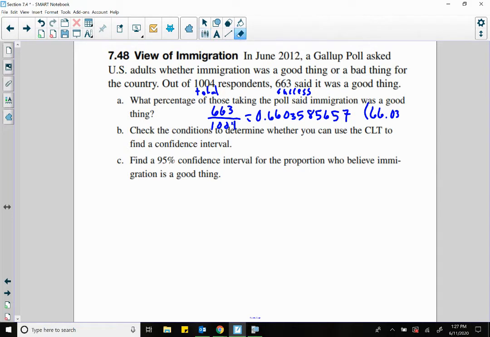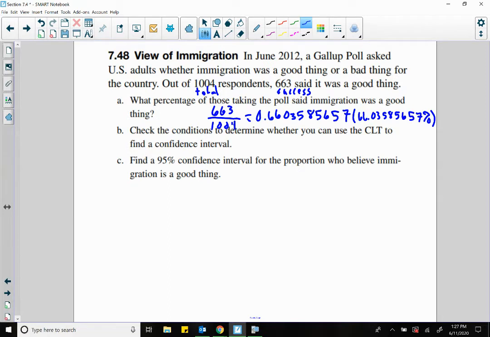I'm going to run out of room here. I should put the percentage sign on there. So our sample found that 66% of the people think immigration is a good thing.